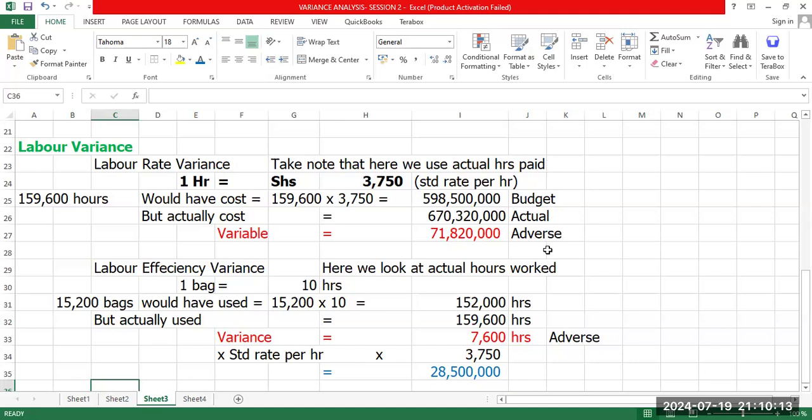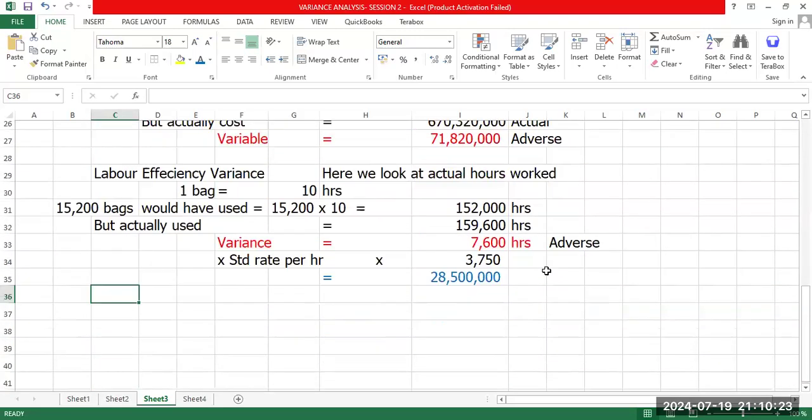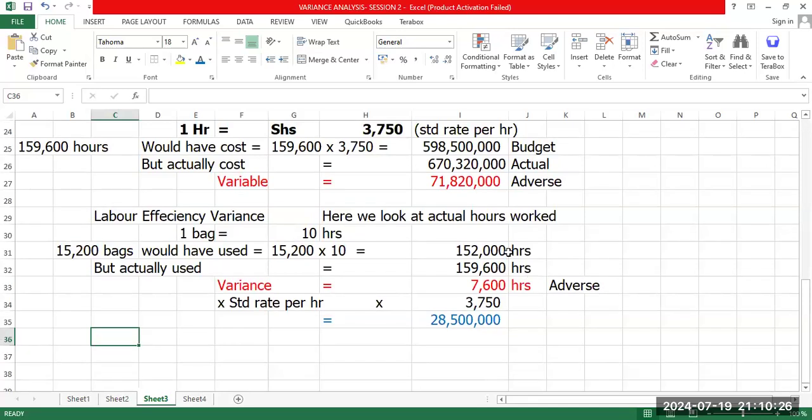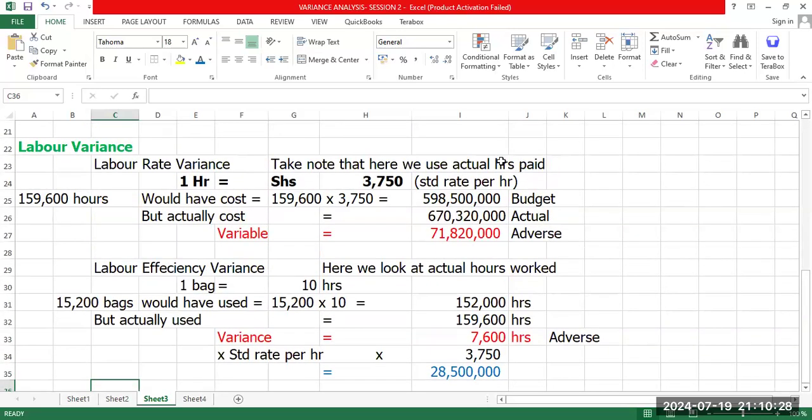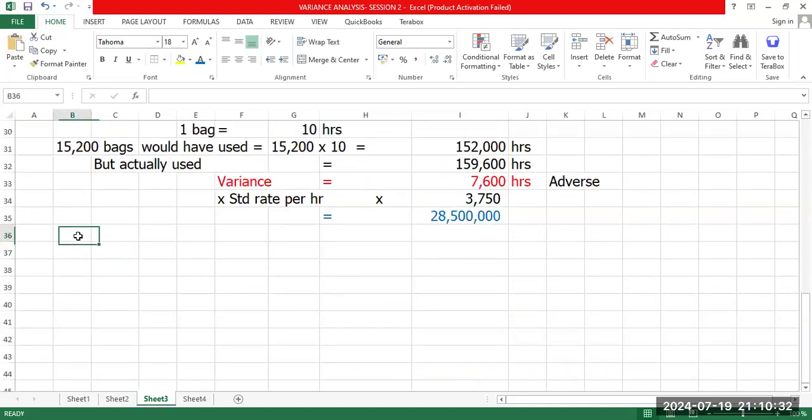And idle time variance is always adverse. It is always not favorable to the company. We don't expect you to be idle at work. So every time you see that actual hours worked is different from actual hours paid, know that you have to get idle time variance. And idle time variance is simply idle time hours times the standard rate per hour.